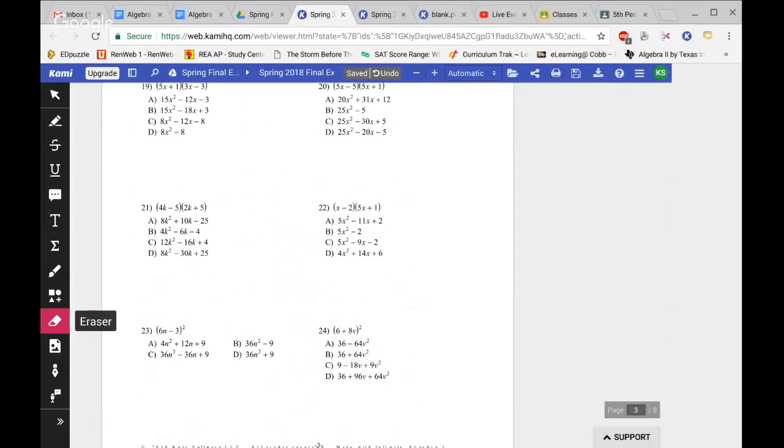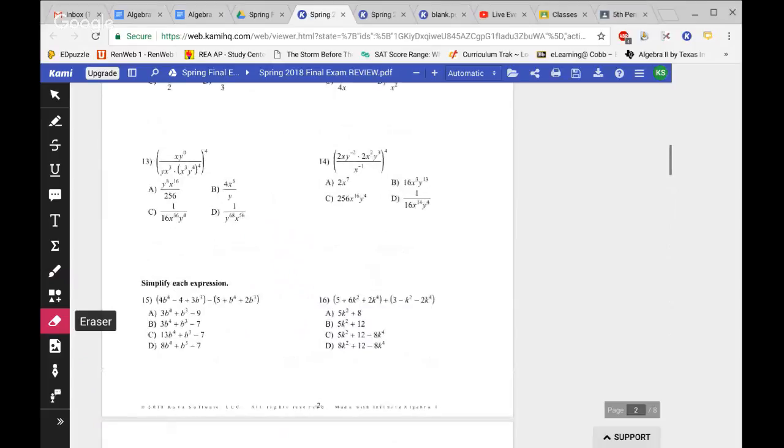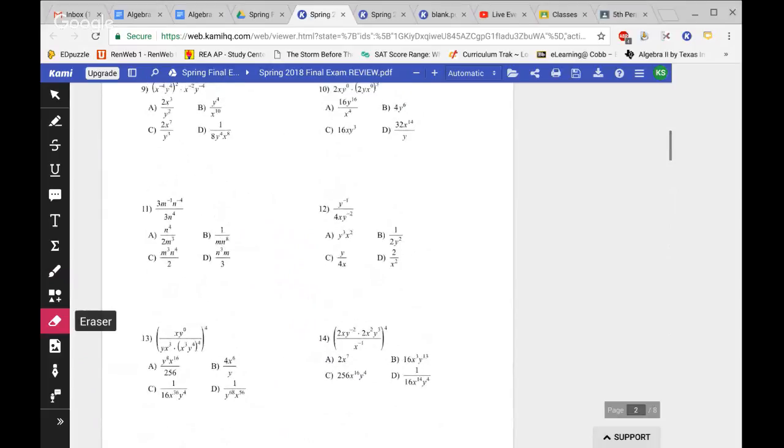Factoring? Probably the ones with the exponents. Okay, we'll focus on exponents on Thursday.